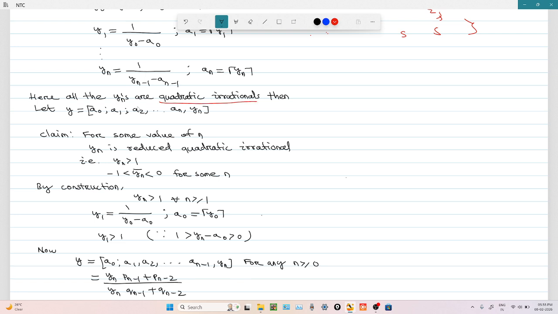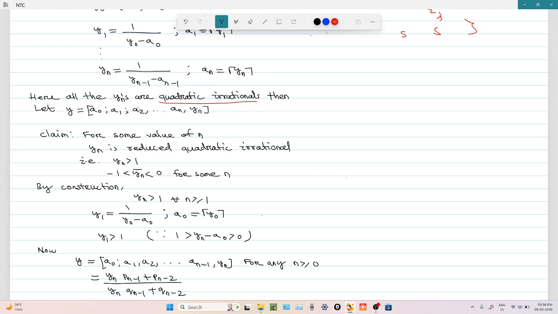Then let y equal a0; a1 a2 dot dot an, yn. We have to show that for some value of n, yn is a reduced quadratic irrational.